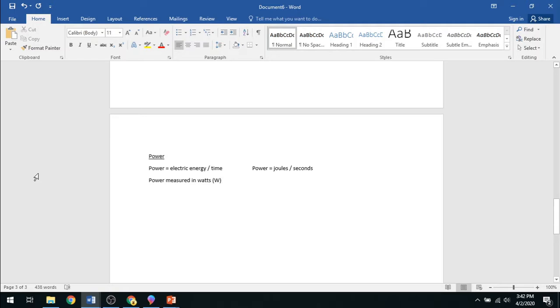Anywho, so power is measured in watts, which is just joules per second, or the amount of electric energy per time. You can sometimes rearrange that if you need to. If you need to know the amount of energy, you can say that that is equal to power times time.